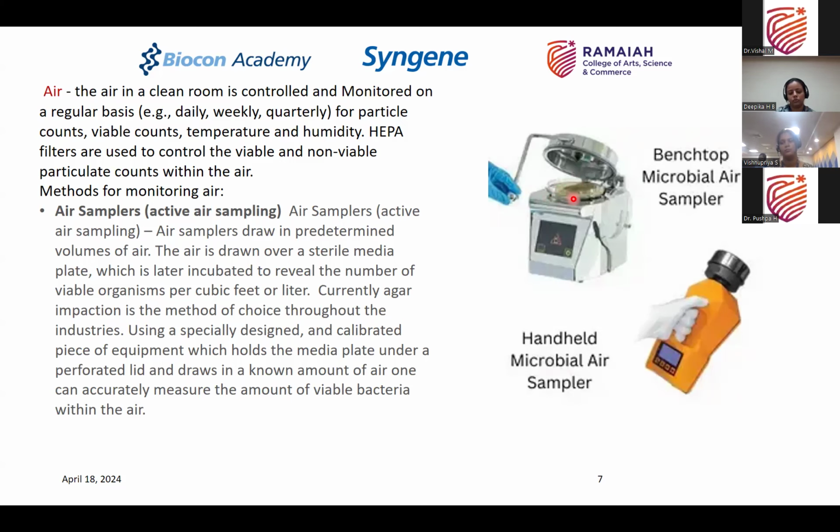For bacteria, the temperature is different; for fungi, the temperature is different. Incubation time and period are different for bacteria and fungi. Maintain that. Once the incubation period is over, take out those plates and observe for the growth of microorganisms. Calculate the number of colonies or CFUs present in that particular plate. That is called active air sampling.